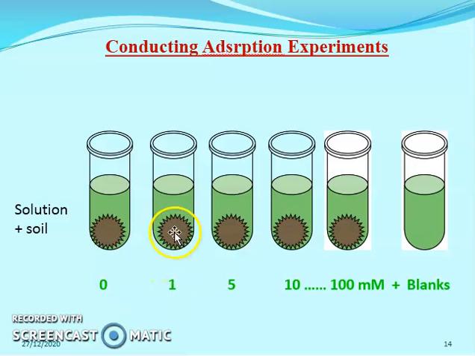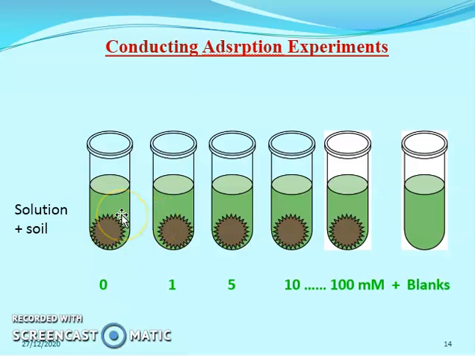So put 10 gram of the soil sample here, with distilled water free from contaminant, from potassium.